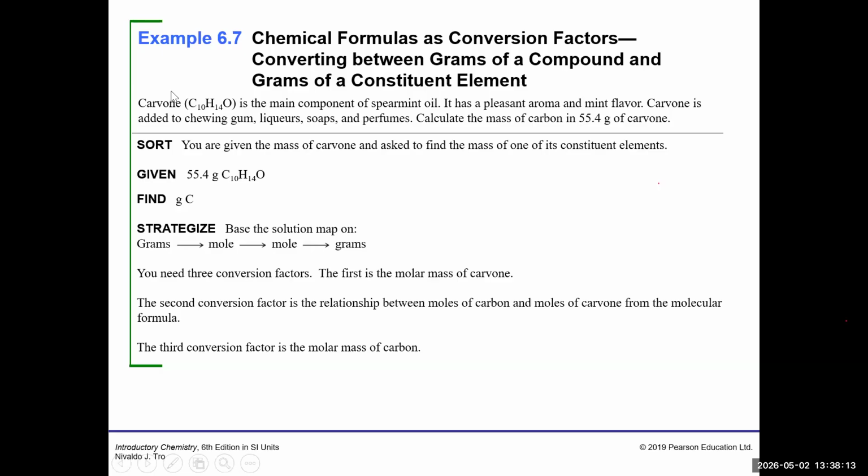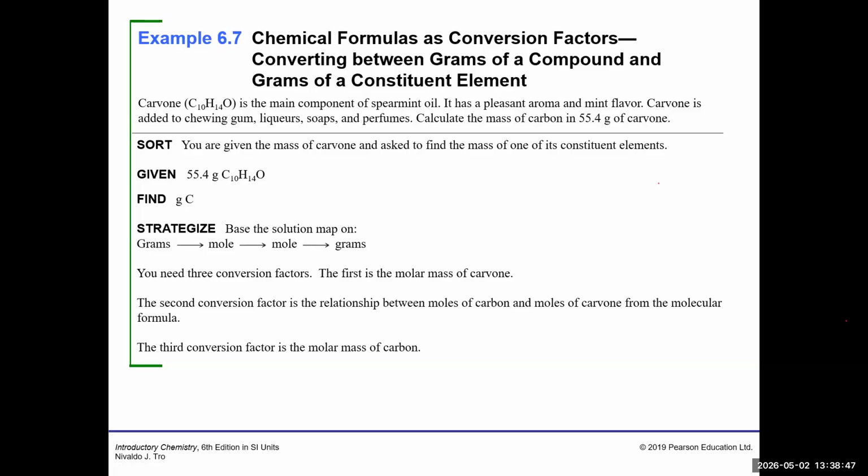How many are there? If you look at the subscript here, you have 10 of them. And you have hydrogen 14, and oxygen 1. Those are the atoms. But remember, we are using that kind of mole thing. So let's see what we are given. We are given 55.4 grams of carvone, and they want us to find the grams of carbon in that amount.